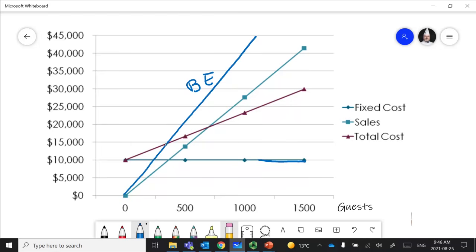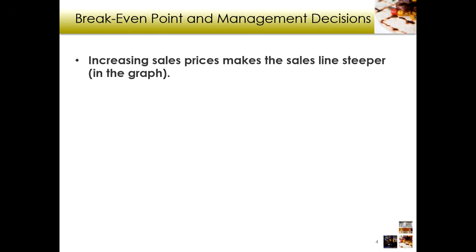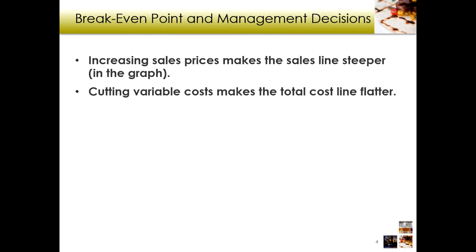If we can control our costs, now we've moved our break-even point back. Depending on how we do that, we have to remember that sometimes if we just raise our price, maybe that's going to drop our customer count. But we can hit our break-even point with fewer customers now, right?